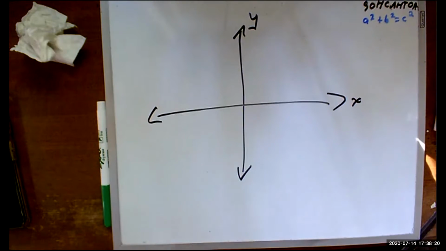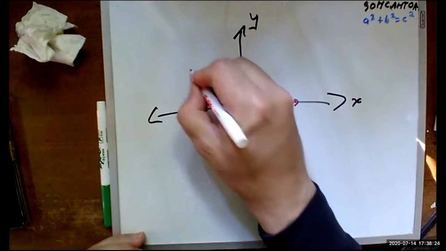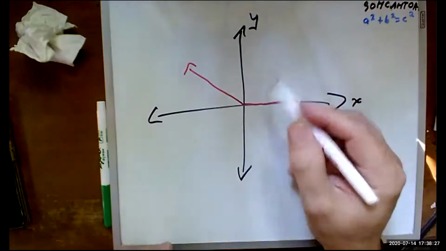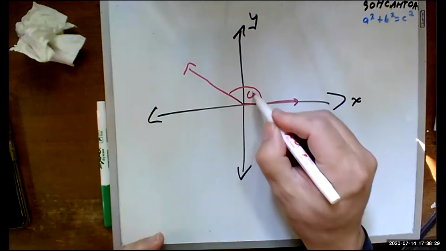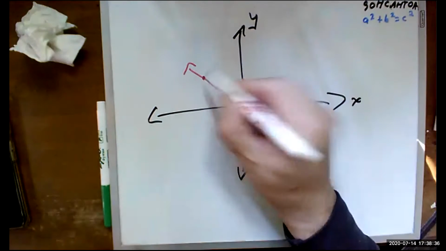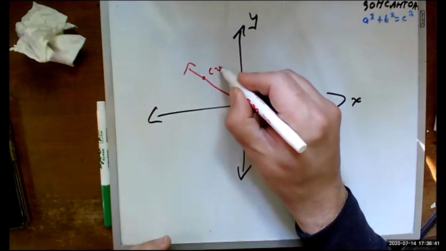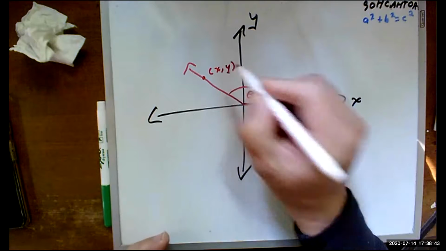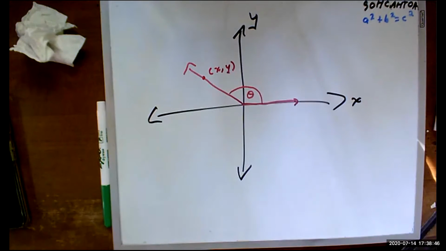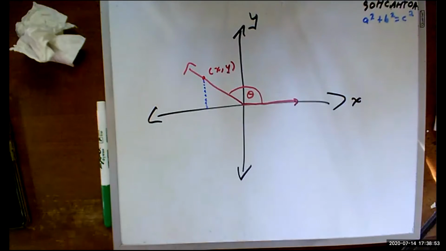We've got some angle theta. And we've got a point on our terminal arm, and we're just going to call those points x, y for the moment, remembering that's what we started with. And we're also going to say, well, what does this have to do with triangles? Well, we're going to remember we also have a reference angle somewhere in here, and it goes like that.